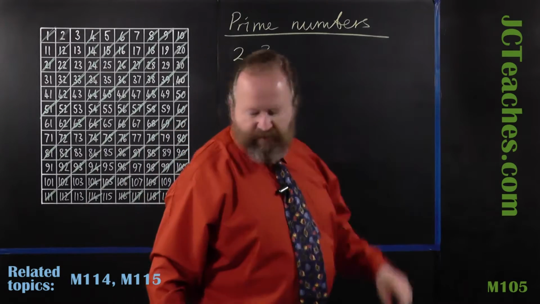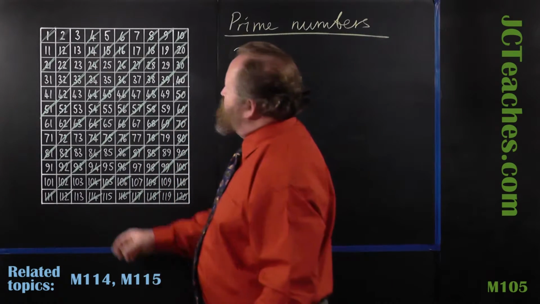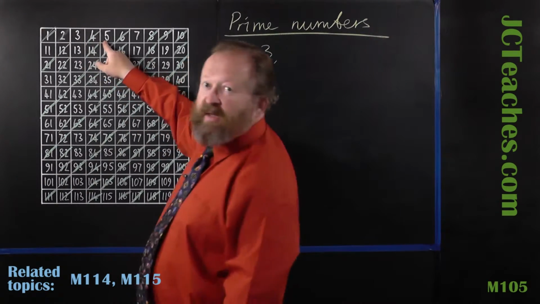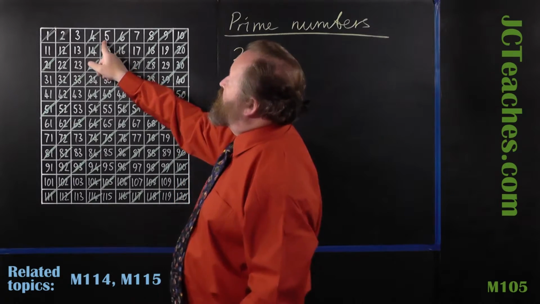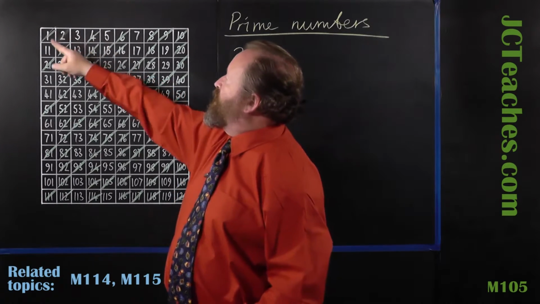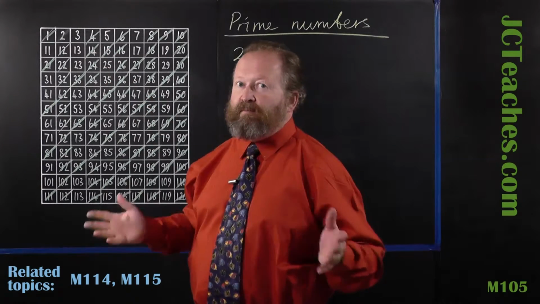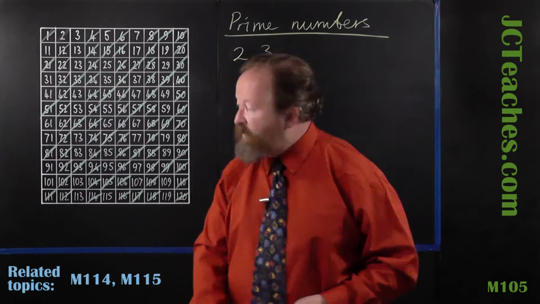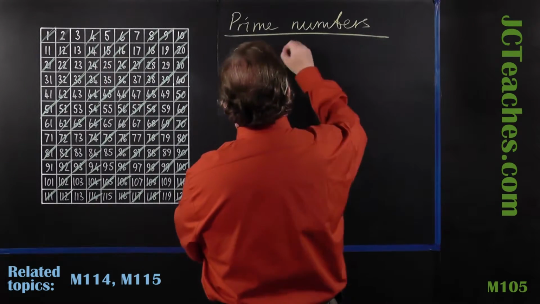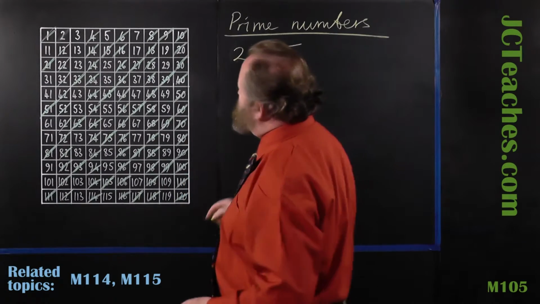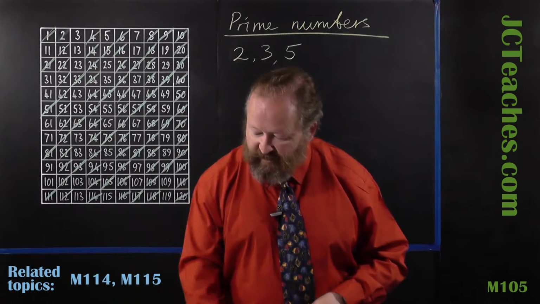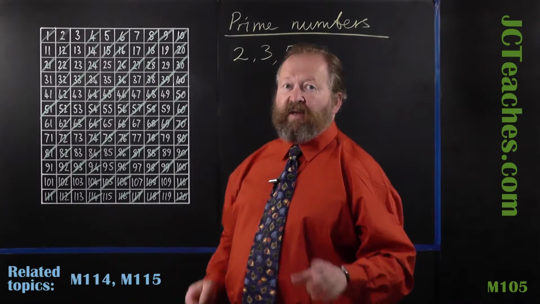Okay, so 3. Then we look. 4, no, 5. Is there anything that goes into 5 apart from 5 and 1? 1 times 5 is 5. Nothing else. So 5 then is our next prime number. Okay, so we can then remove all the multiples of 5.